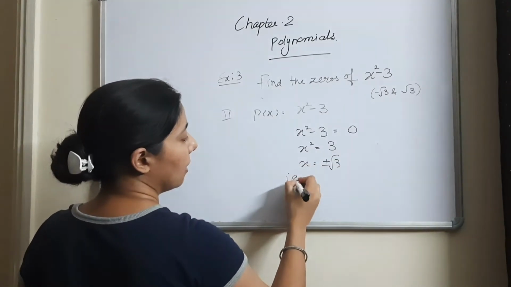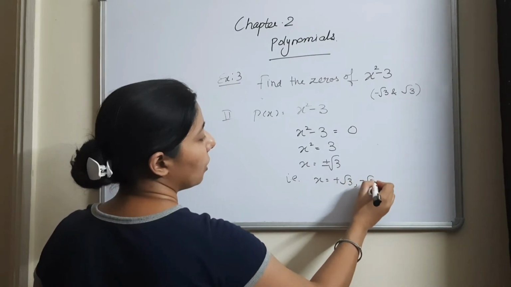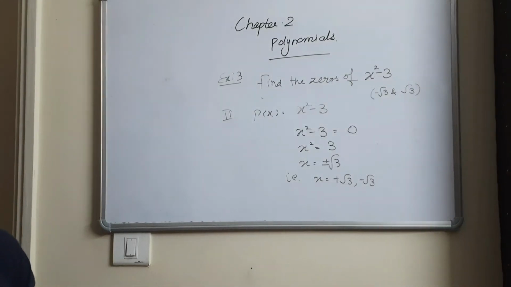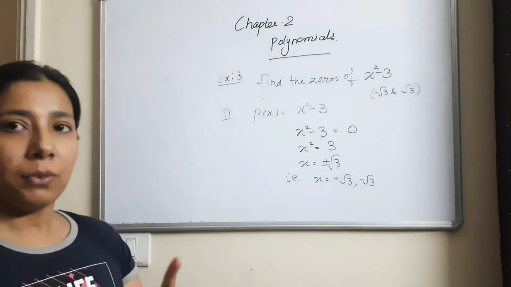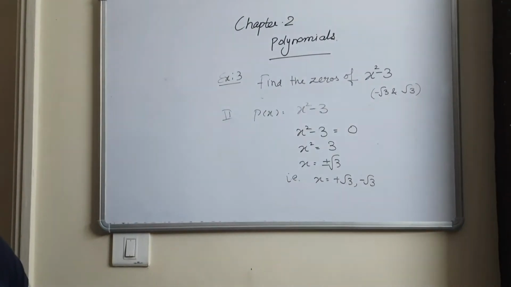That is, x equals plus root 3 and minus root 3. Now the answer is the same in both cases. You can use either of the methods, but I prefer you to use the first method. Note it down in your notebooks. Next I will take another example, one more example on the same questions.